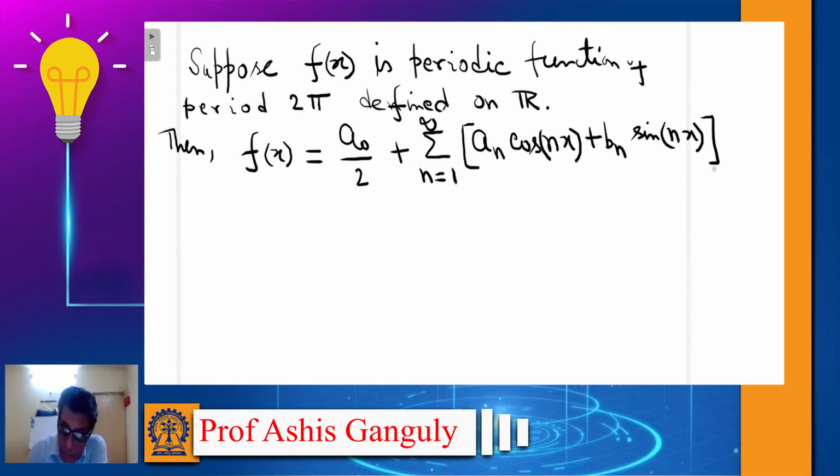Results means we have to know that f(x) can be written in this way. So let me label it as A.1. This is the Fourier series. So we may write a title: Introduction to Fourier series.